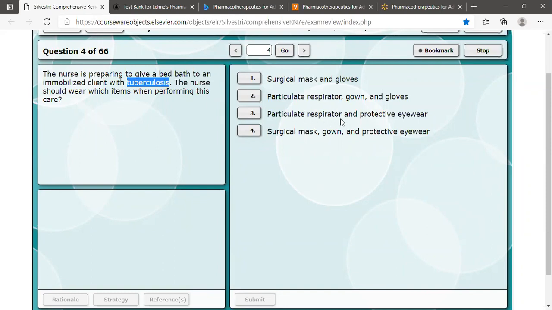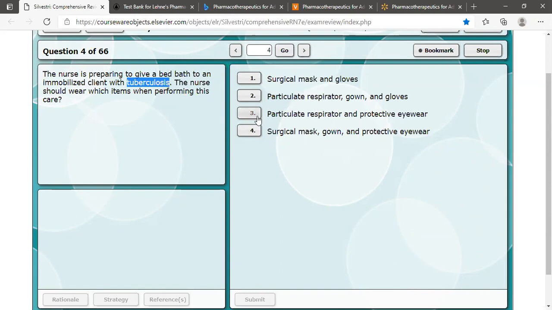Number four, surgical mask, gown, protective eyewear. But number two, particulate respirator, gown and gloves. This is the more important.